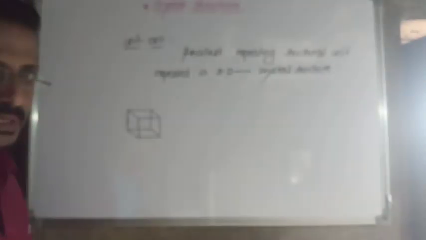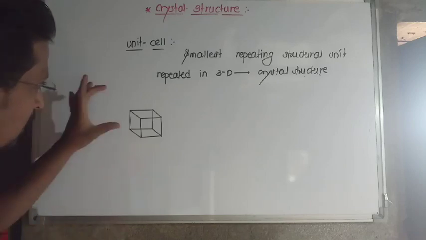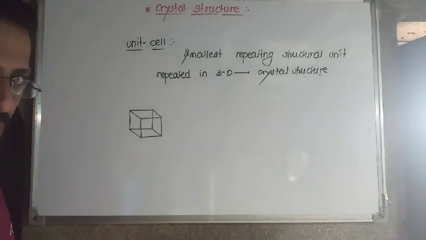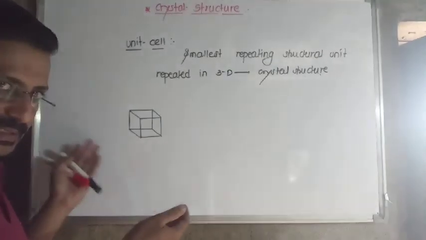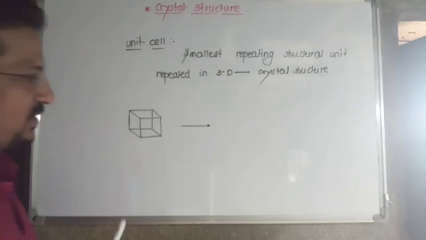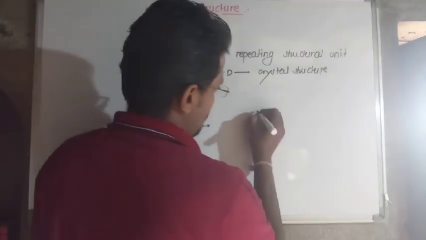If I place such unit cells surrounding this particular unit cell, to the left side, right side, above, below, in front, and at the back, and expand them in three dimensions, it results in the formation of the whole crystal structure.